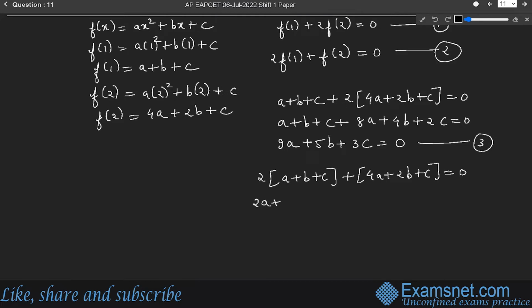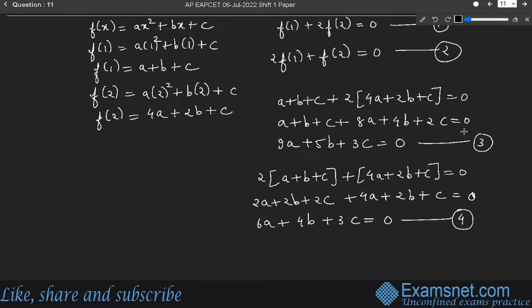So it will be 2a plus 2b plus 2c plus 4a plus 2b plus c is equal to 0. On adding this value, it will be 6a plus 4b plus 3c is equal to 0. Let this be equation number 4.